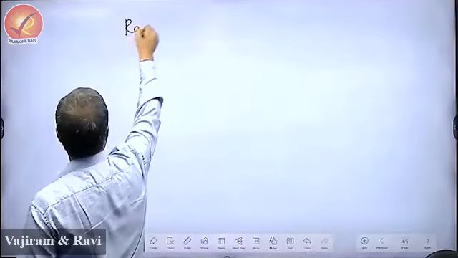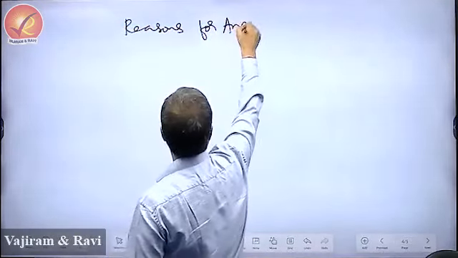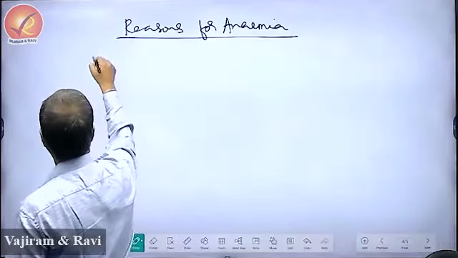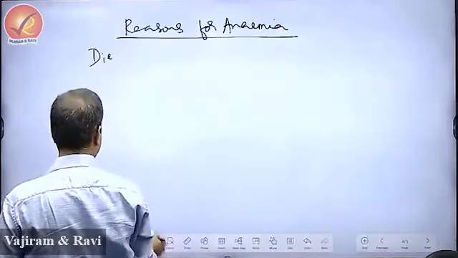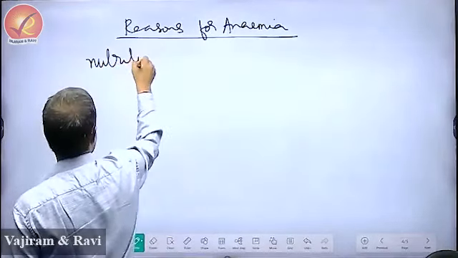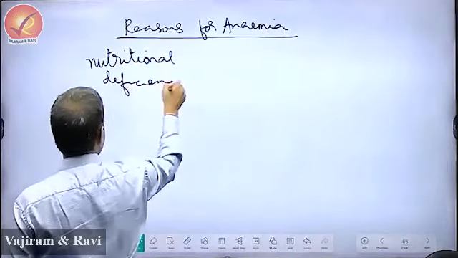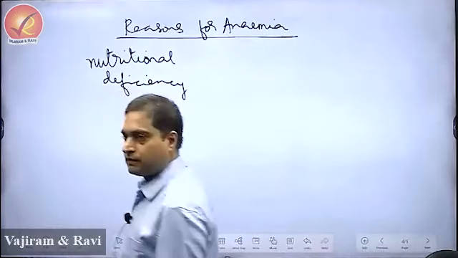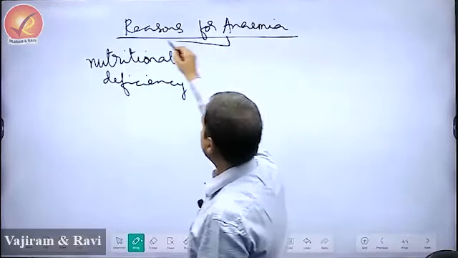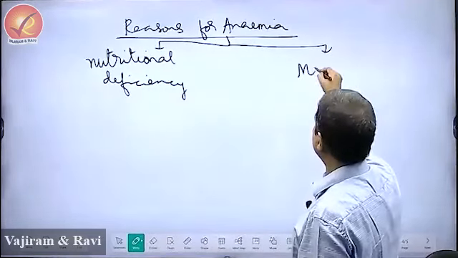So if you look for reasons for anemia, this could be nutritional deficiency, isn't it? This can be due to what? Nutritional deficiency, or this can also be due to some medical conditions.